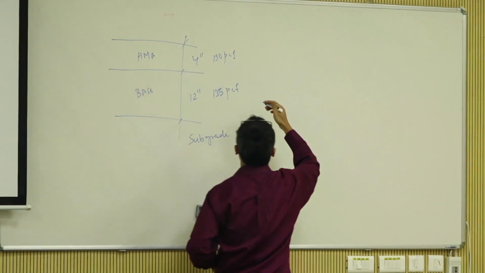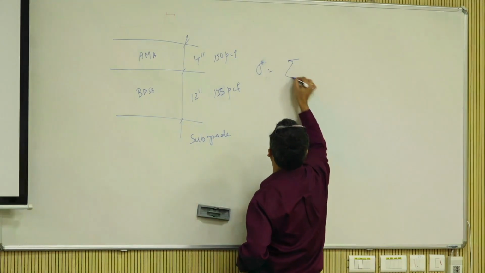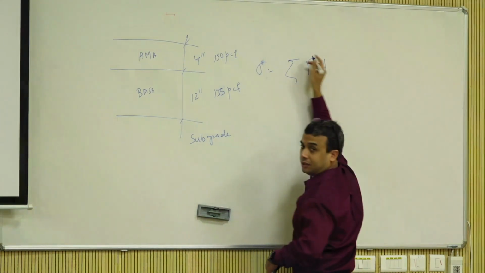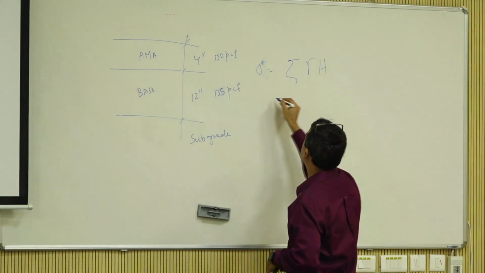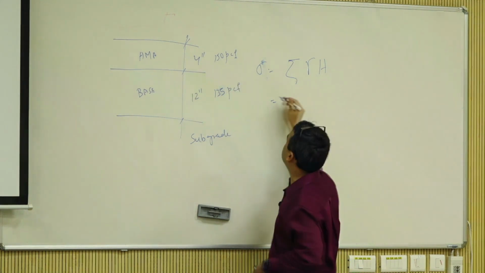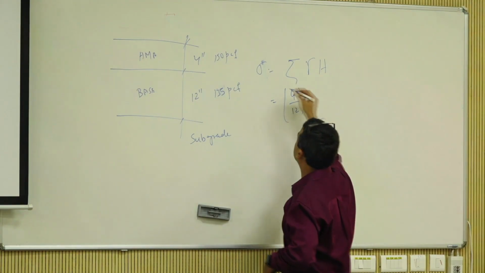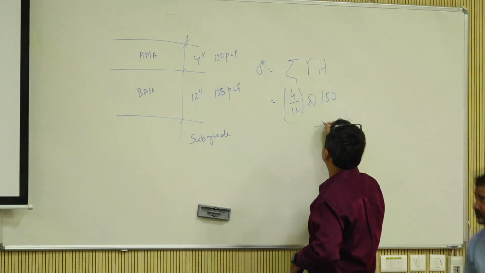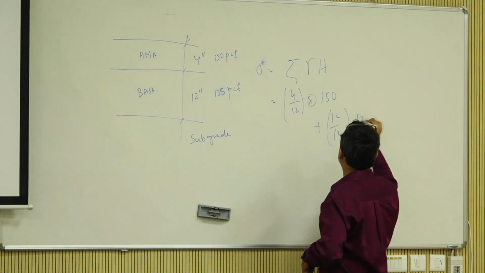So sigma is equal to the summation of gamma times H. I'm assuming everybody knows this already, basic stuff. So 4 inches, this is PCF, so 4 over 12 multiplied by 150, plus 12 over 12 multiplied by 135.